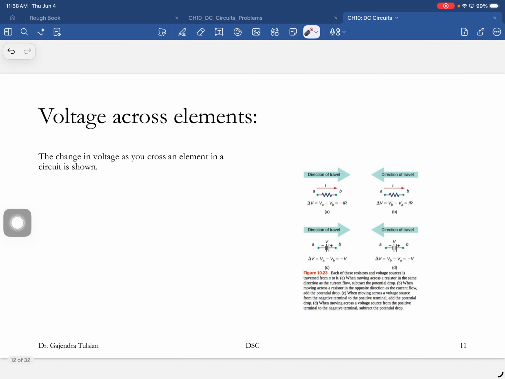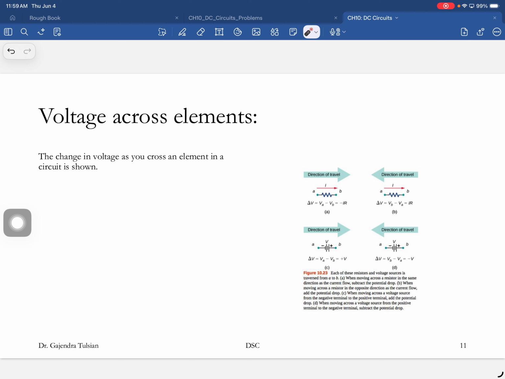By the way, that's a typo in the book. That should be VB minus VA. Anyway, if you're traveling with the direction of the current, you're going from high to low voltage, so the change is minus I times R. If the current is flowing this direction and you're going in that direction in that loop, you're going against the current, going uphill, so the change in voltage is plus IR.